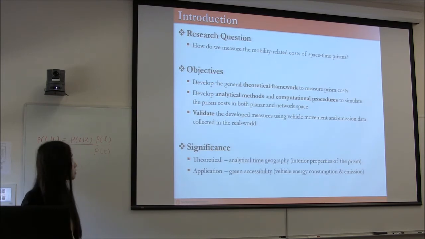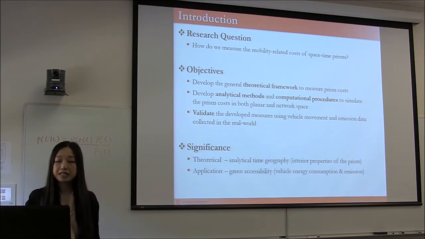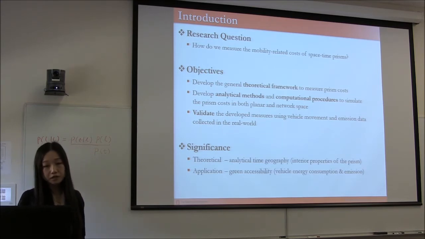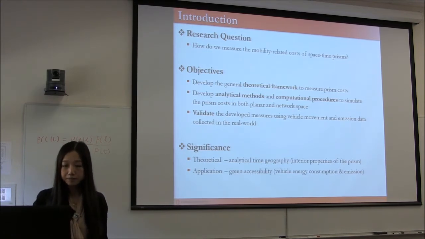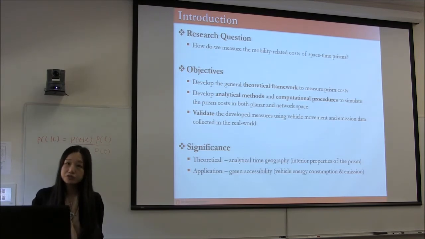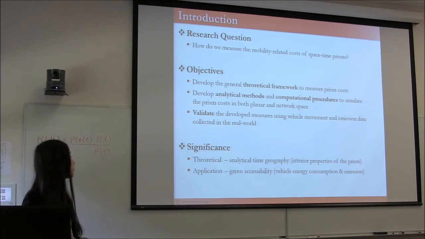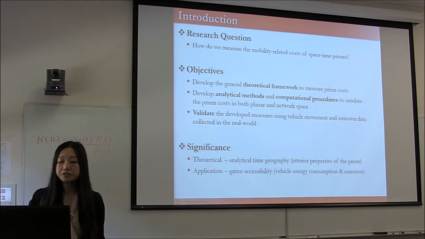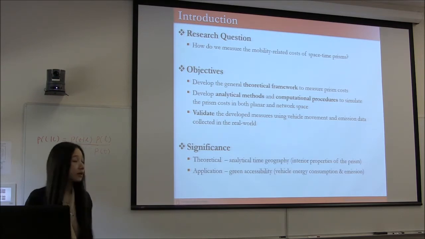So our research question here is, how do we measure the mobility-related cost of space-time prisms? The objectives include developing the general theoretical framework, then developing analytical methods and computational procedures to implement those theories, and validating the developed measures using vehicle movement data as well as emission data.